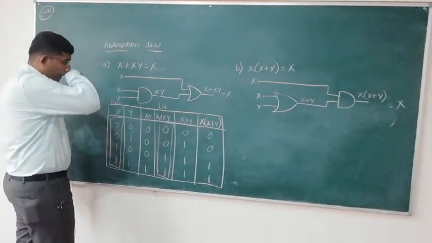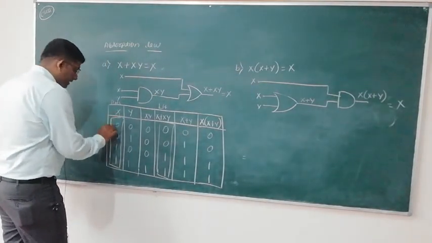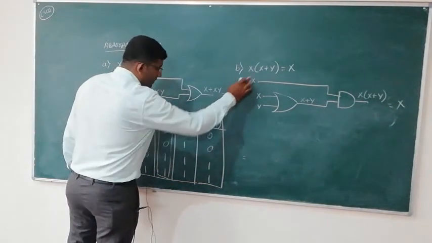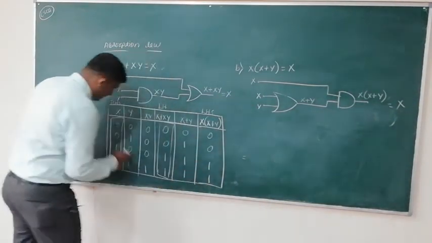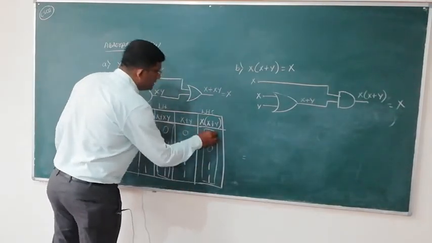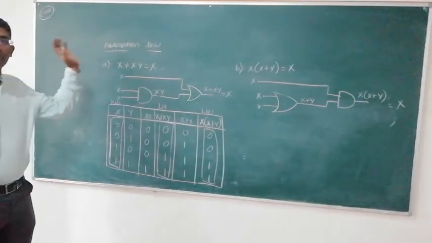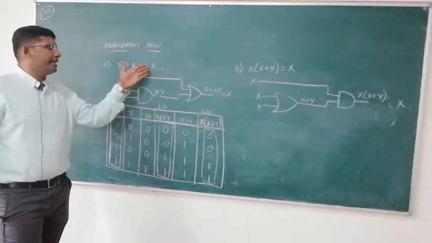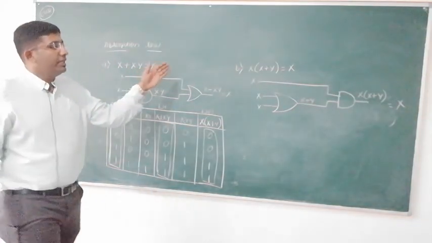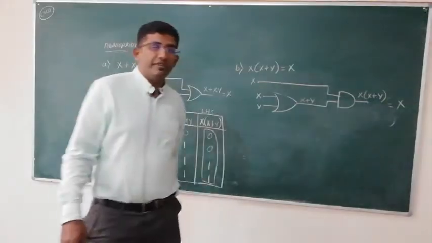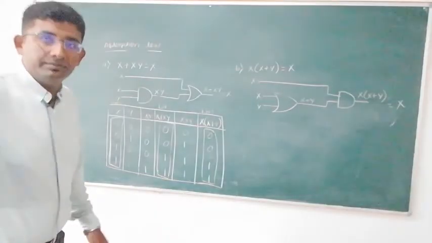This is the LHS, sorry, this is the RHS and this is the LHS in this expression. 0 0 1 1, 0 0 1 1. Both are identical, hence it has been proved. Absorption law: if you are considering the expression x plus xy, directly you can replace it with x. If you are considering x of x plus y, it can be directly replaced with x.